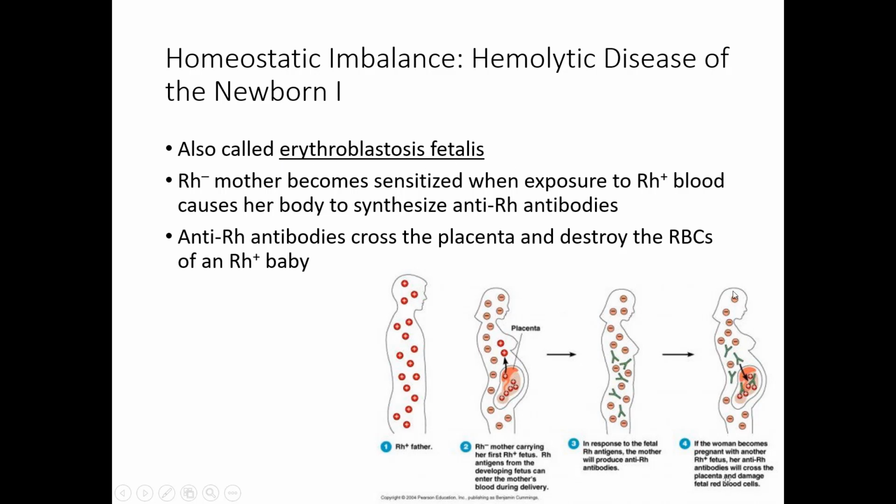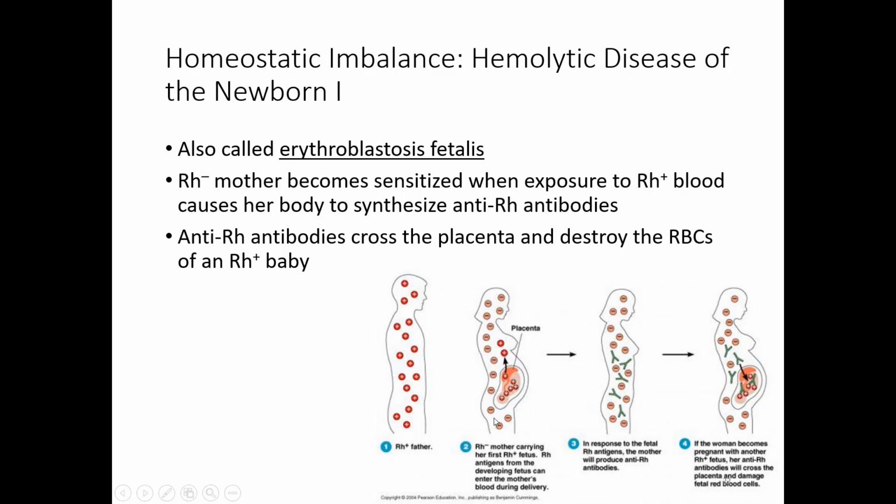It's when a mother with Rh negative blood and antibodies against Rh positive blood can attack her growing fetus, if that fetus has Rh positive blood. Why does it happen? Let's say the mother is Rh negative and the father is Rh positive. And their baby, it's not a baby, it's still a fetus, she's pregnant, is Rh positive.